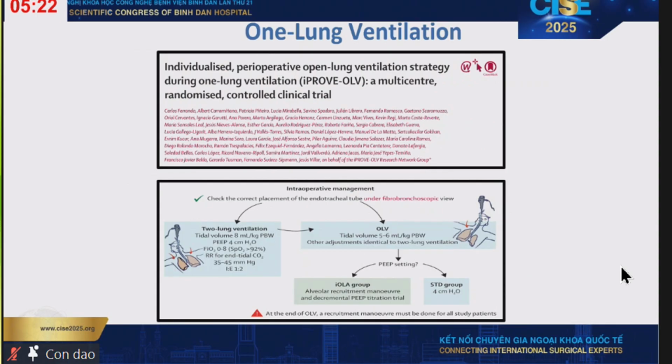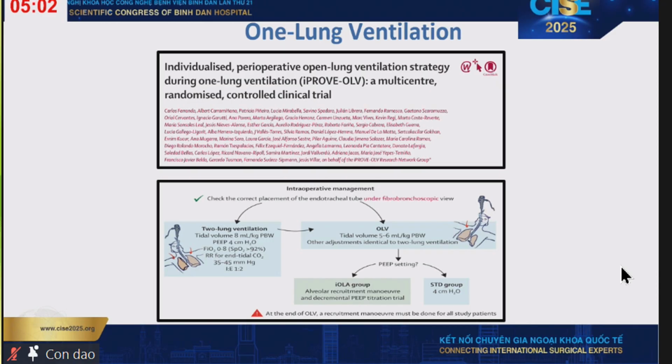Conversely, a 2024 multicenter randomized trial published in The Lancet Respiratory Medicine, involving 1,300 patients, compared the individualized open lung approach with a conventional protective ventilation strategy.